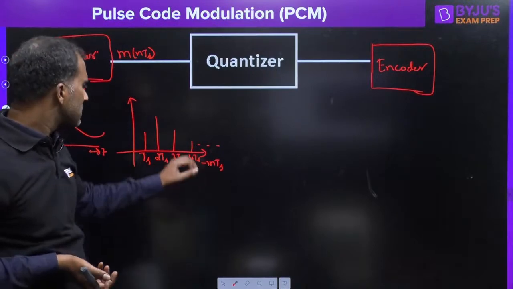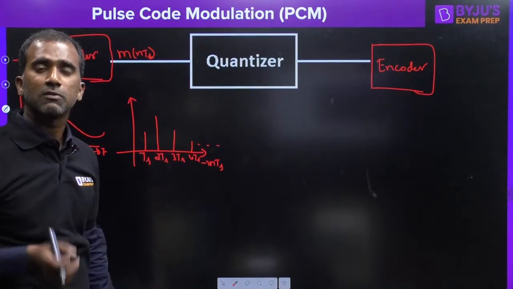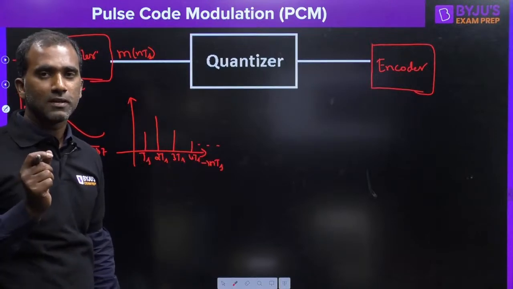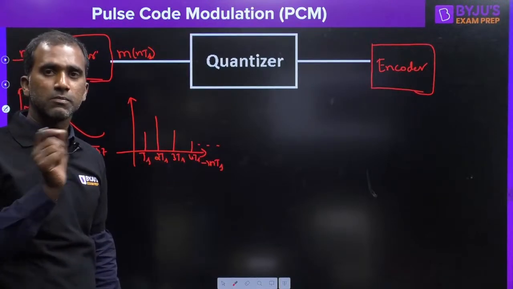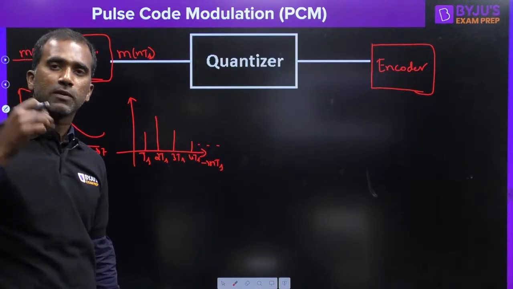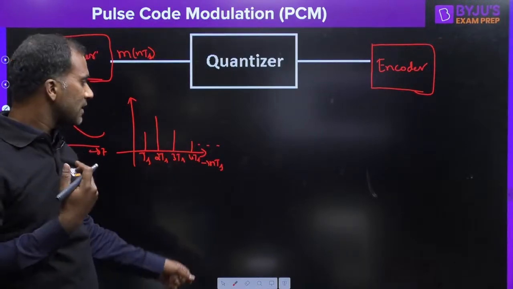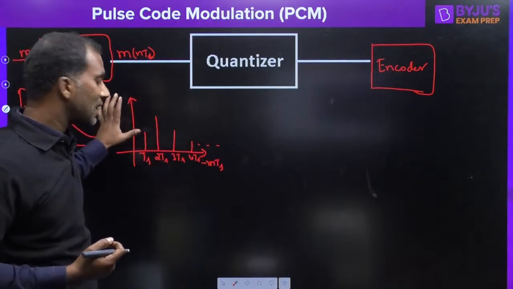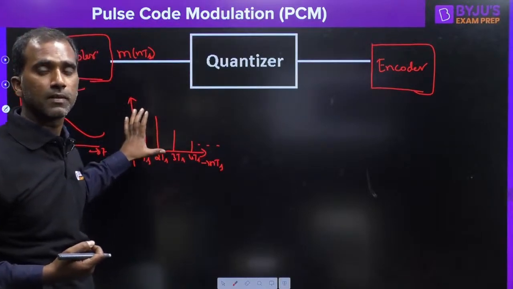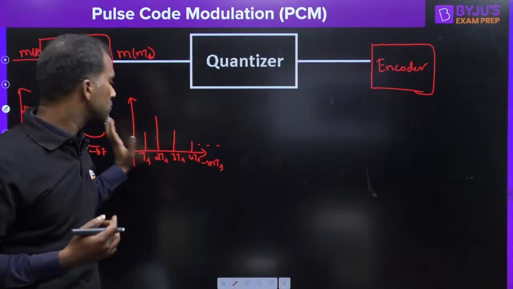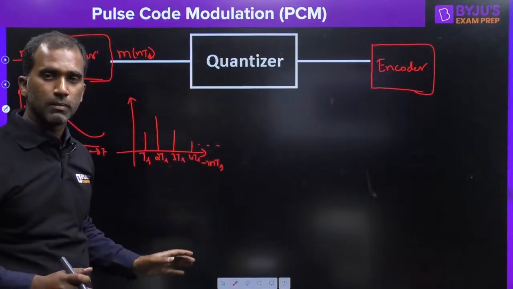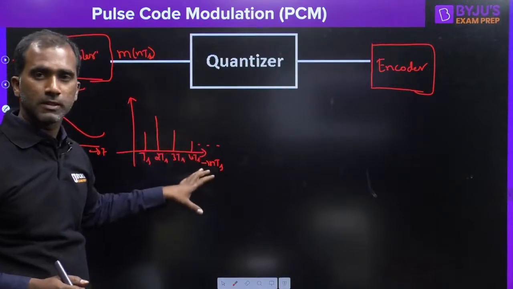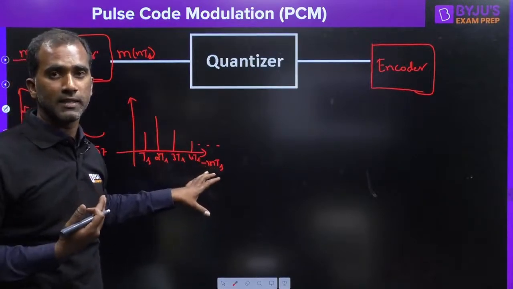It can take some voltage close to 1.1 or 1.2, but what is that exact voltage? We don't know, right? So it is one of the voltages from 0 to 4. From that infinite possibility, one possibility this sample will take, one possibility that sample will take. So totally infinite amplitudes are possible. I'm not saying all the infinite amplitudes will be taken by these samples. But among those infinite possibilities, these will take some possibilities. But we don't know what those possibilities are.